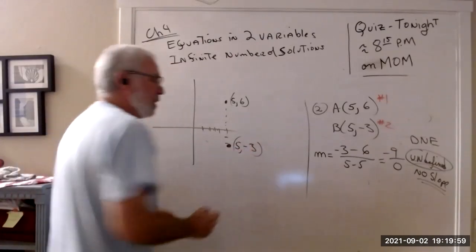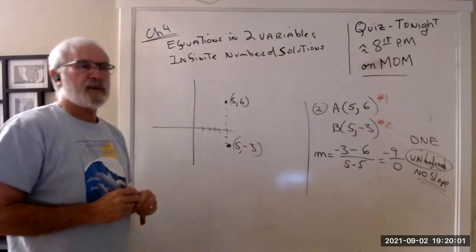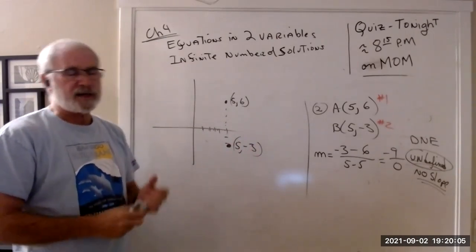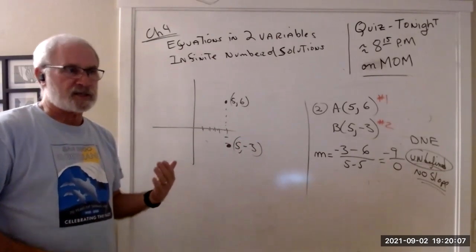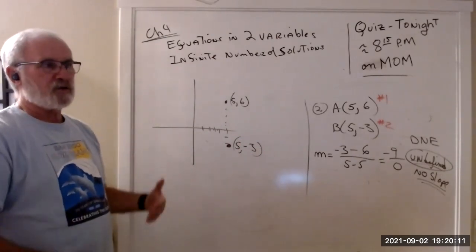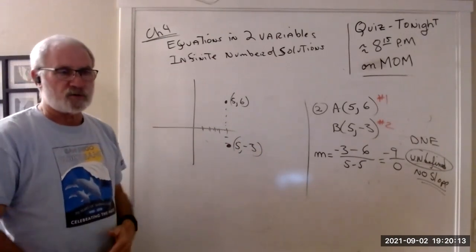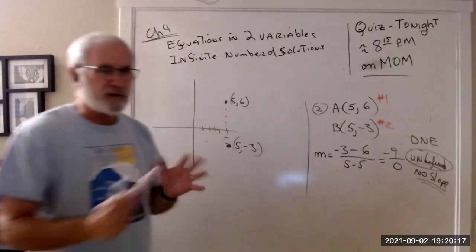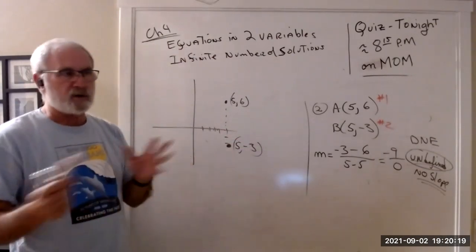Now I need you guys to pay attention here. This is a weird trick line. I talked about this a little bit last night, but it's those trick things that math always throws at you. They're not happy with giving you the basics. Oh no, we've got to figure out ways to really trick you and screw you up.